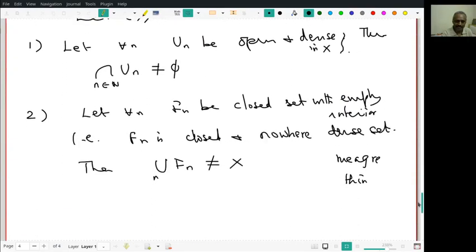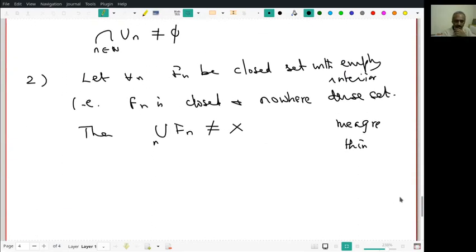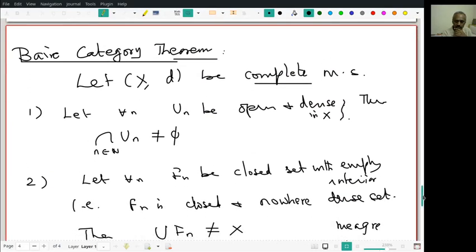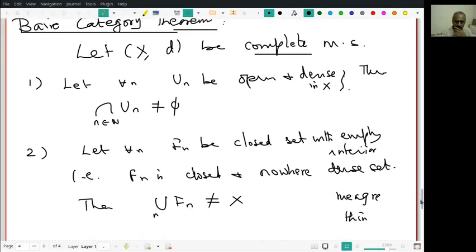That's what the second theorem says. Both theorems you should understand intuitively first. The first version says, if you want to find an element with a certain property, look at the U_n, the set of all elements which have the property approximately.